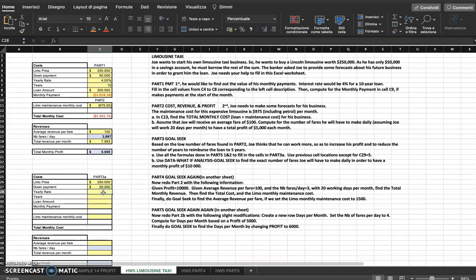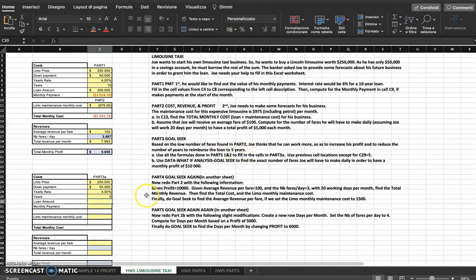The yearly rate again is 4%. Years again, this time it's not 10 anymore, but 5, as stated here. Loan to 5 years. Okay, 5 years.